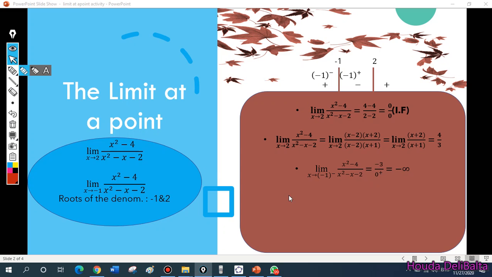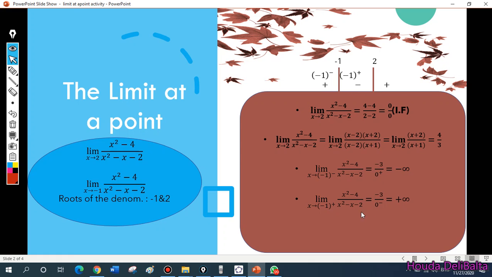Again, for minus 1 plus, we are approaching minus 1 from the right, so we are in the negative region. We directly substitute: minus 1 squared is 1, minus 4 is minus 3, but because we are in this region, we have to put 0 minus.